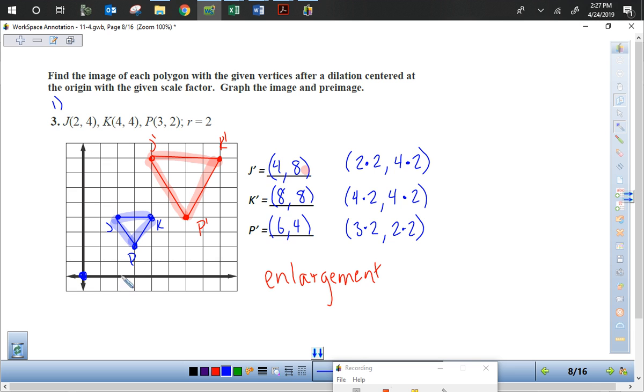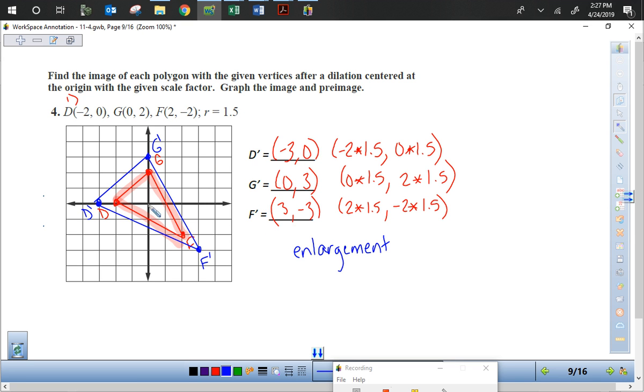We're going over that 2 and up that 4, so when we stretch it, we have to go over farther and up farther for our new one. Well, with this one, since we had the origin, we're going all sorts of directions from the origin. Do you see how our original shape, the origin fell in the middle of it? When we enlarge it, we're going to be completely outside of that figure when we stretch it.